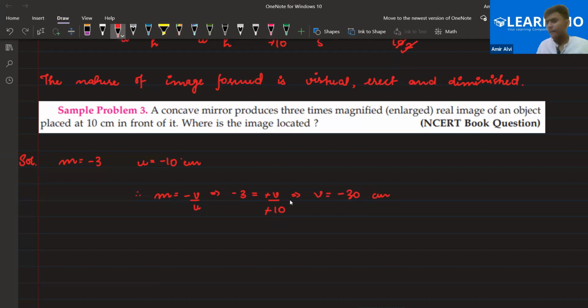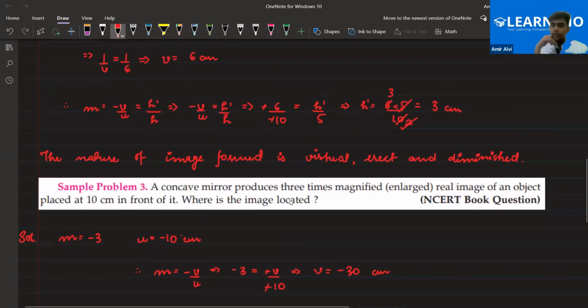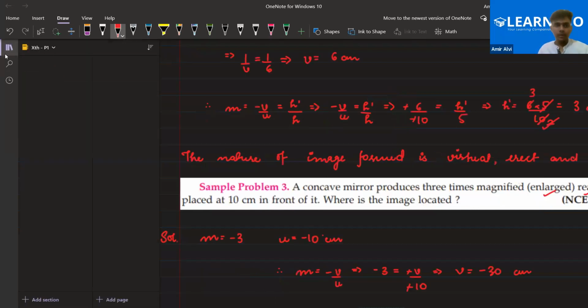Why did you take m as -3? Isn't it supposed to be +3? How, Arish? Tell me, how is it positive? Because the magnification is enlarged. Look, enlarged doesn't mean it's going to be positive. The number is saying 3, it means it is 3 times the object. But it is saying real image, so a negative sign will be there.